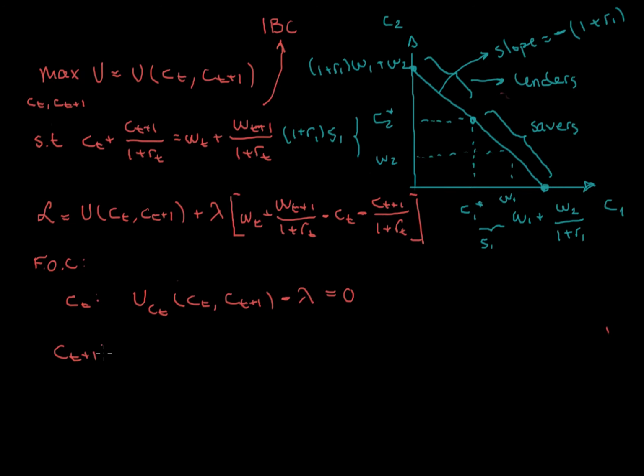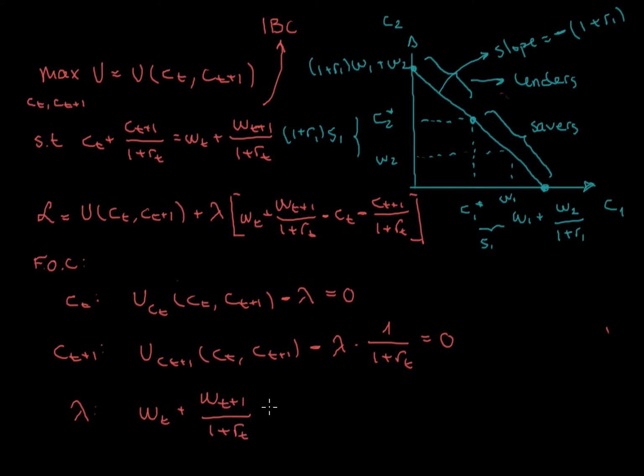With respect to c_{t+1}, the derivative of the utility with respect to c_{t+1}, minus lambda times 1 divided by 1 plus r_t, equals 0. And with respect to lambda, we get just the intertemporal budget constraint, obviously, because it's the condition that we put in the Lagrangian as subject to.